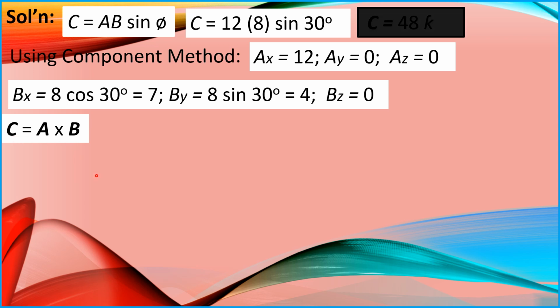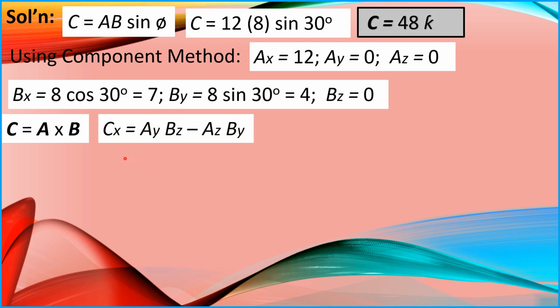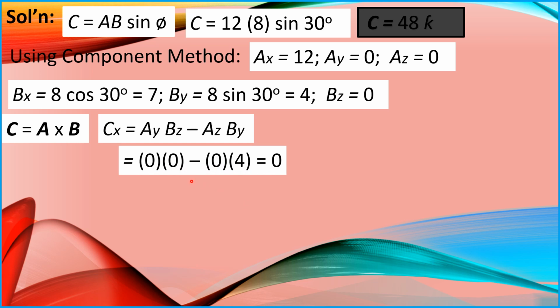So the formula in terms of the components: we first determine the magnitude of the x component of vector C. This is equal to the product of the y component of vector A and the z component of vector B, minus the z component of vector A multiplied by the y component of vector B. Substituting, we get ay is 0, bz is 0, az is 0, but by is 4.